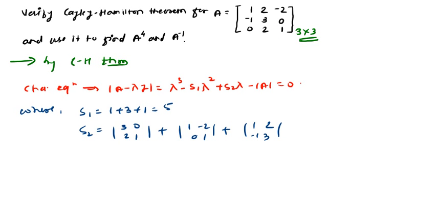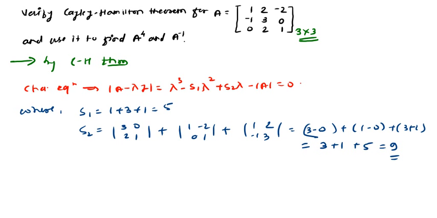Okay, so solving this, we get 3 minus 0, the first minor, plus 1 minus 0, the second minor, plus 3 plus 2. So this will be 3 plus 1 plus 3 plus 2 is 5, so this will be 9. Okay, so we got the value for S2, that is equal to 9.